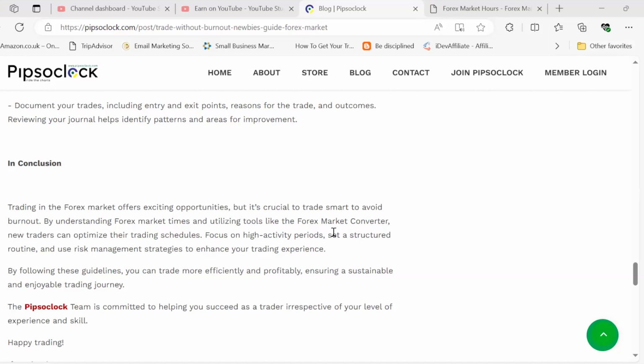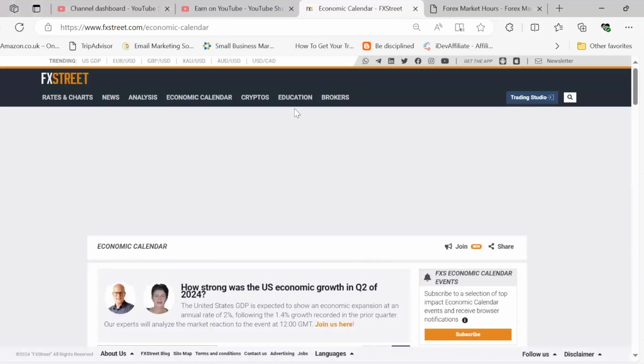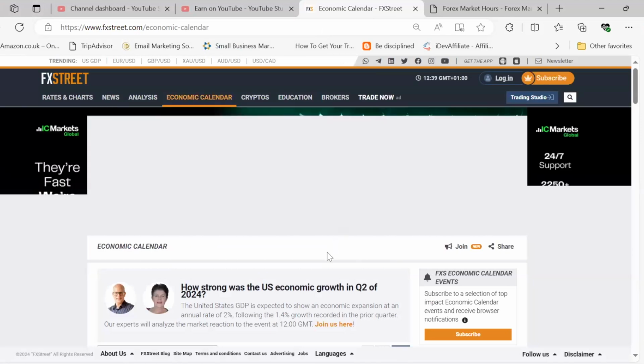If you check the economic calendar, like Forex Factory or FX Street, around that time news events are released from these two zones.